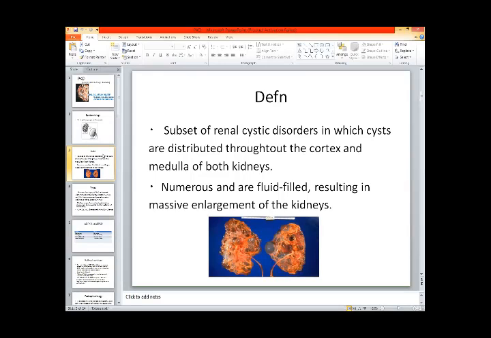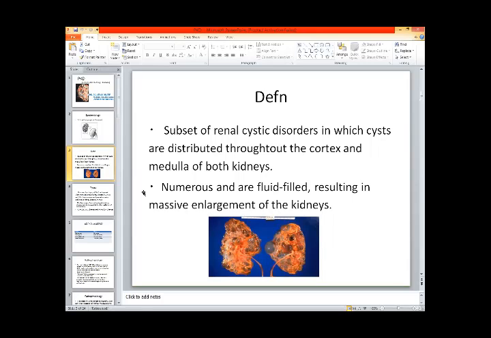As you know, the kidney has two parts, cortex and medulla. But these cysts are ill-defined and scattered throughout the cortex and medulla of both kidneys. They are numerous, usually multiple, and fluid-filled, resulting in a massive enlargement of the kidneys.